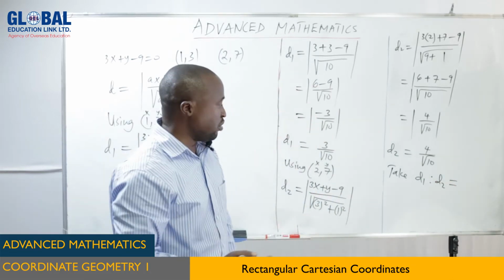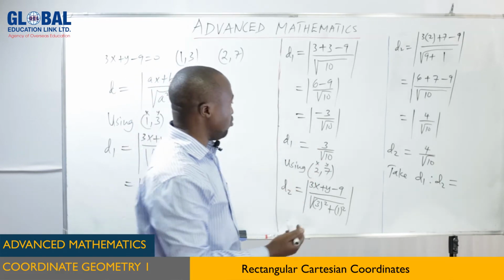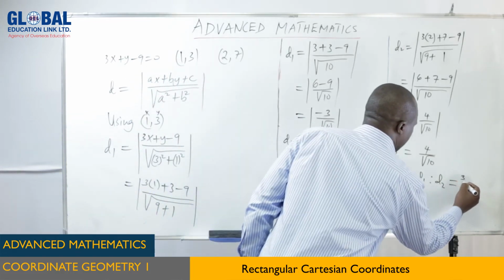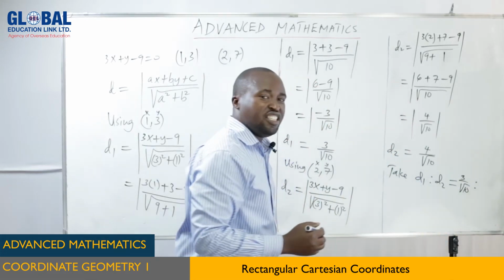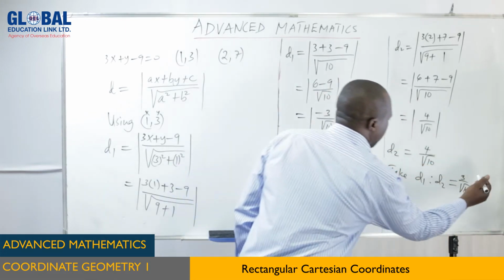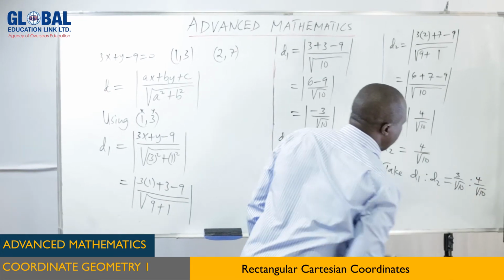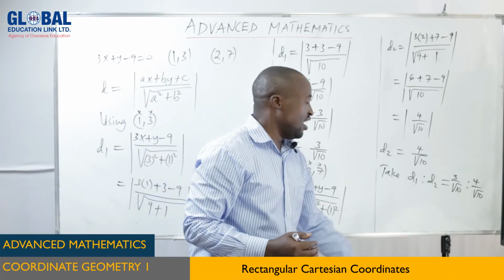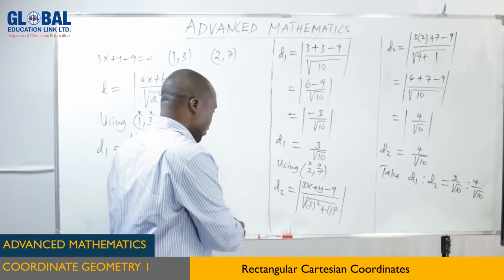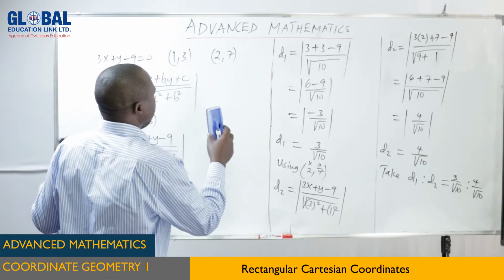Remember the value of d1 is 3 over the square root of 10, so we have 3 over the square root of 10 ratio d2. d2 is this one, 4 over the square root of 10. Now let us simplify this to see the final answer.